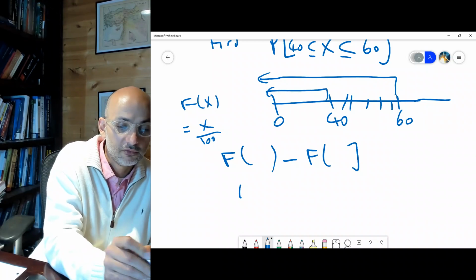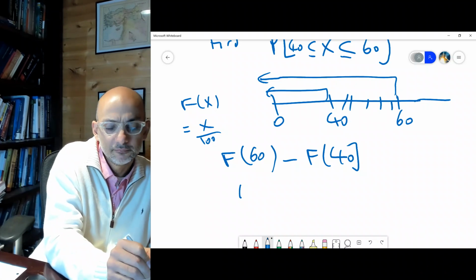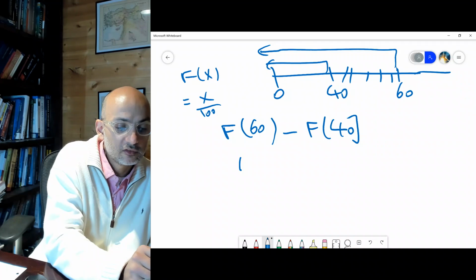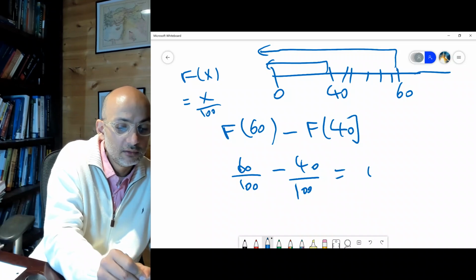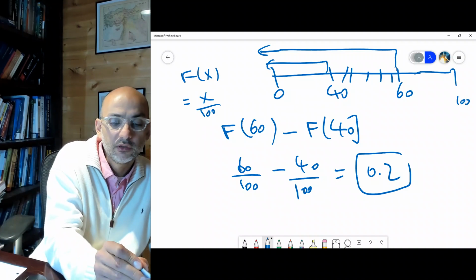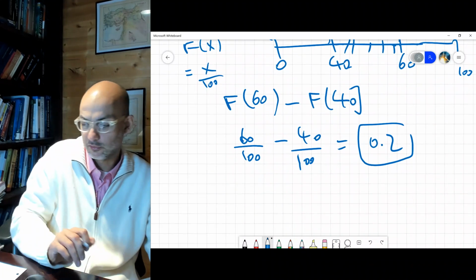So we take F of 60 minus F of 40. What is F of 60? It is 60 divided by 100, subtract 40 divided by 100, it will be 0.2. As I told you before, with uniform distribution you can calculate it right away. This is 100. What is this in comparison to the rest? It's 20 over 100. So it's straightforward.